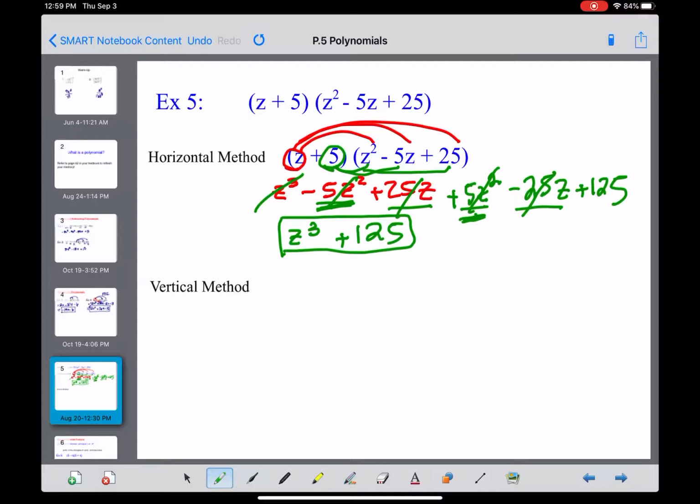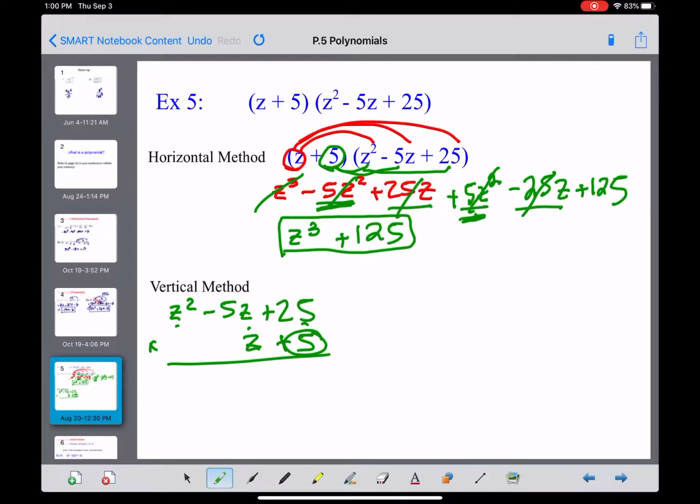The vertical method is setting it up like this, times z plus 5, and this would be your traditional multiplication method where you take this times each of them and then you add it to the other ones.